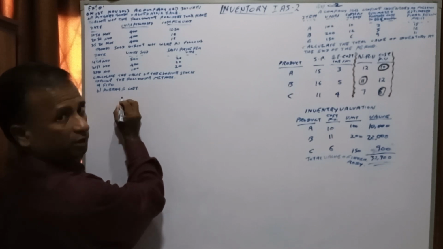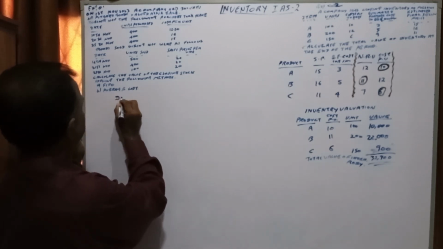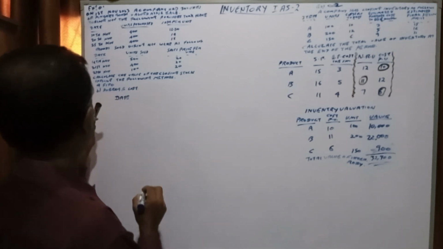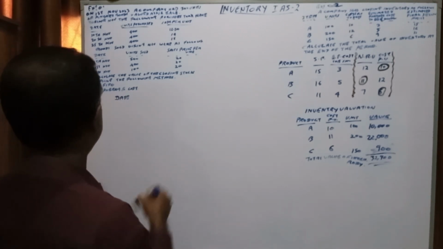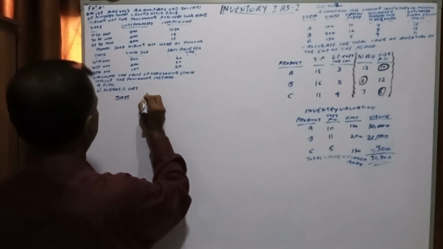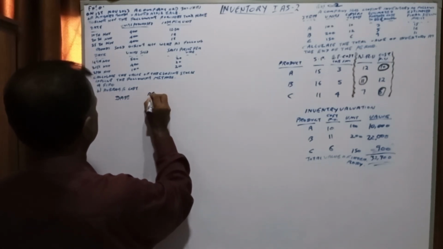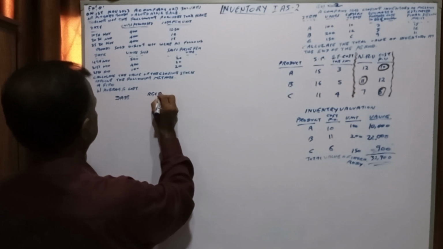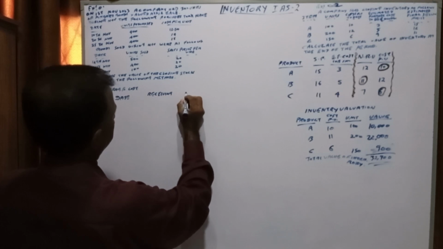Okay, can you see? This is date, right? And receiving. This is receiving. This is issuing.